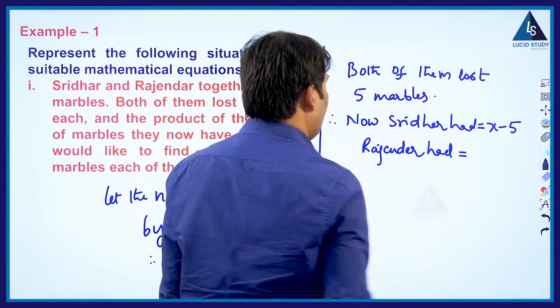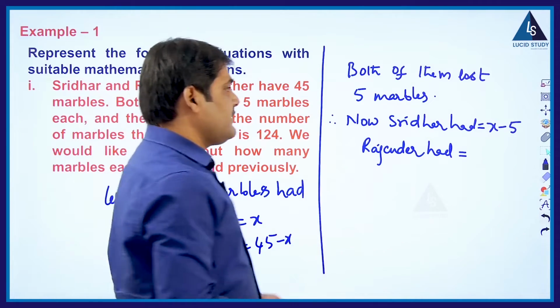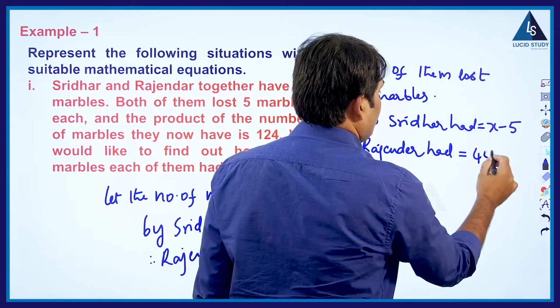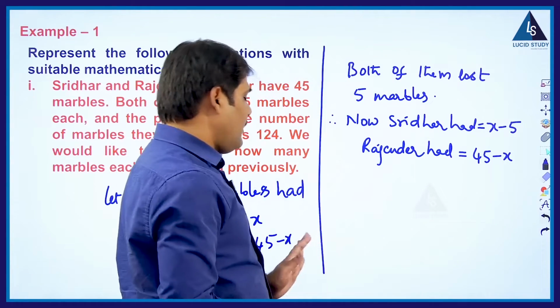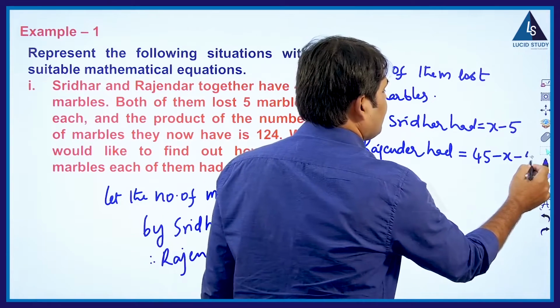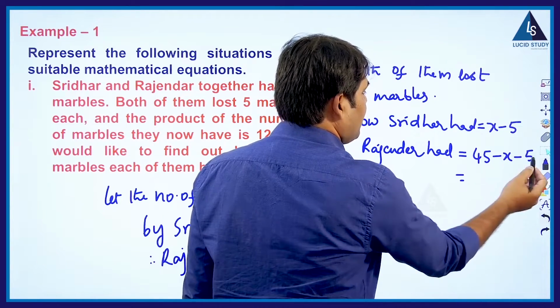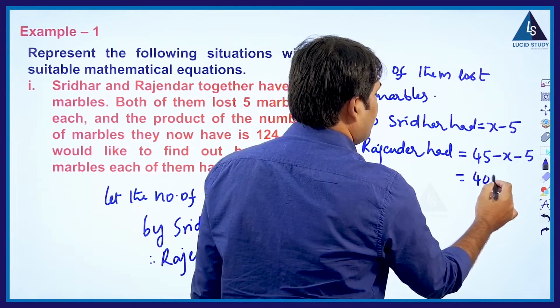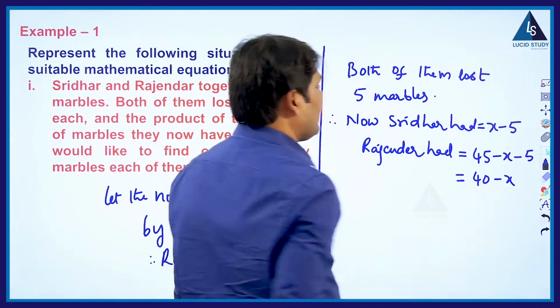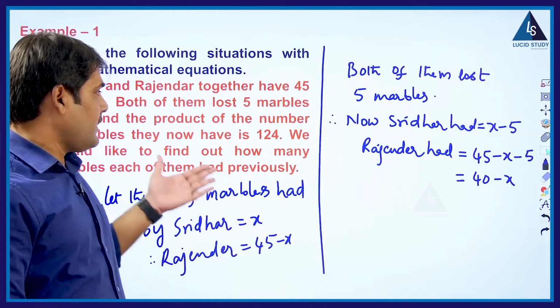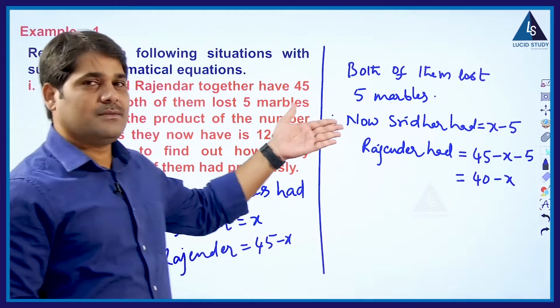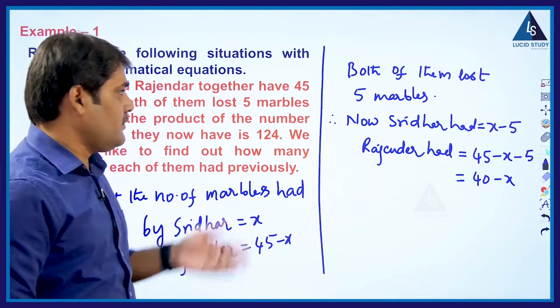Rajendra had already 45 minus x. Okay, now he lost 5. So minus 5 we need to do. That means 45 minus 5, how much? 40 minus x.